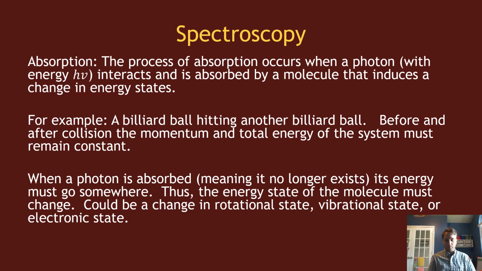When it's absorbed, it changes the state of the molecule, whether it be its vibrational state, rotational state, or electronic state. All these different energy levels that we've been talking about can be modified through the absorption of light. That's how we transition from one state to another.